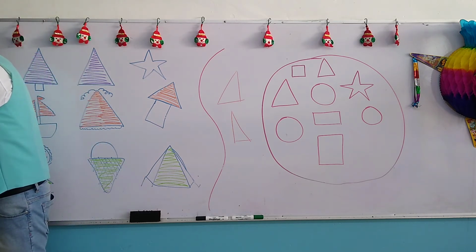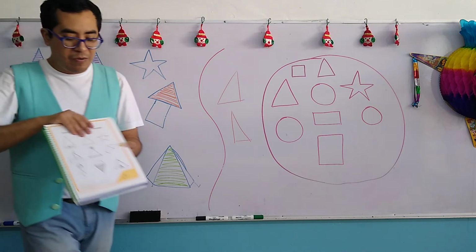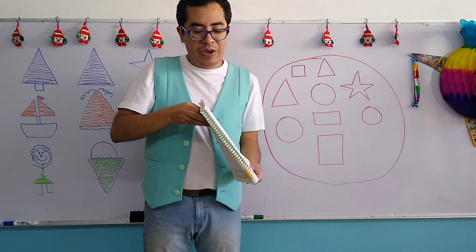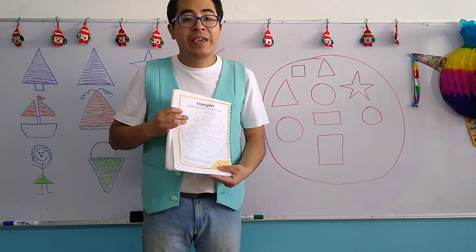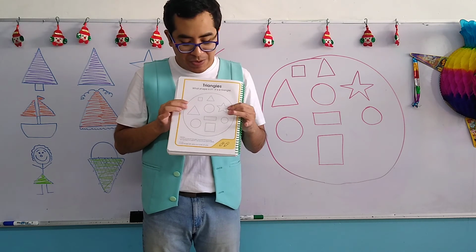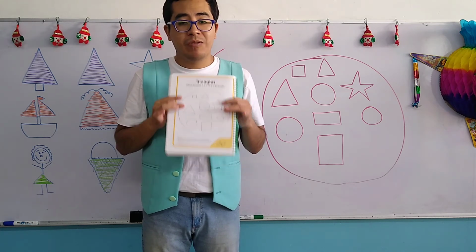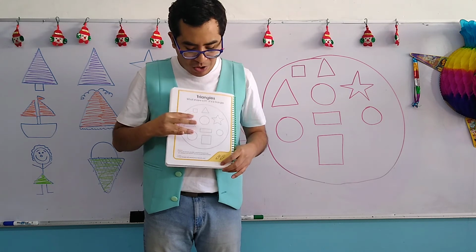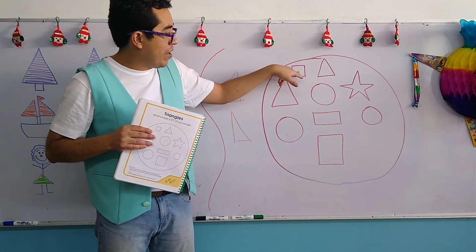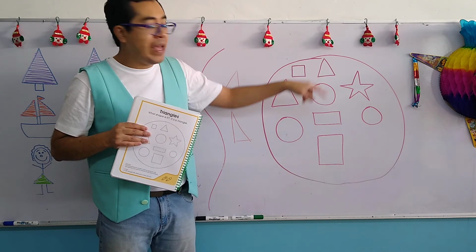Now, the second activity of the day, once we have finished with this, we turn the page and we concentrate right here. Now, once again, for this page, for this activity, we have several geometric shapes, including a circle, a rectangle, a star, a square, rectangle, and triangle.